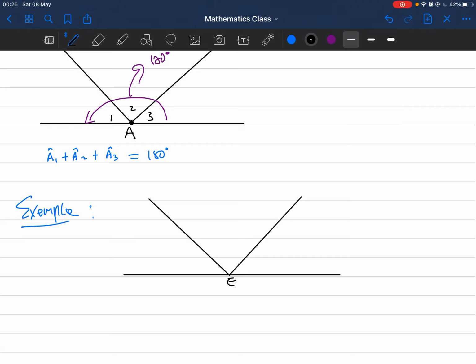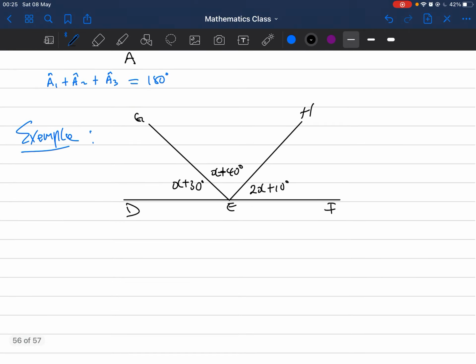Let's say this is E, this is D, this is F, this is G, and this is H. They tell you that this is 2x plus 10 degrees, this is x plus 40 degrees, and this is x plus 30 degrees.